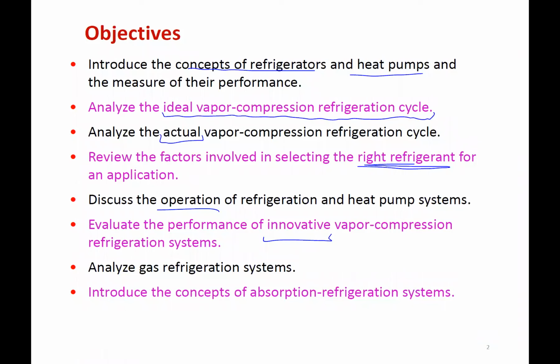We won't get to the absorption refrigeration system. It's in your book, but it's not in the slides. And then we'll talk briefly about the gas refrigeration system, so gas flowing through versus R134A, which can change phase.